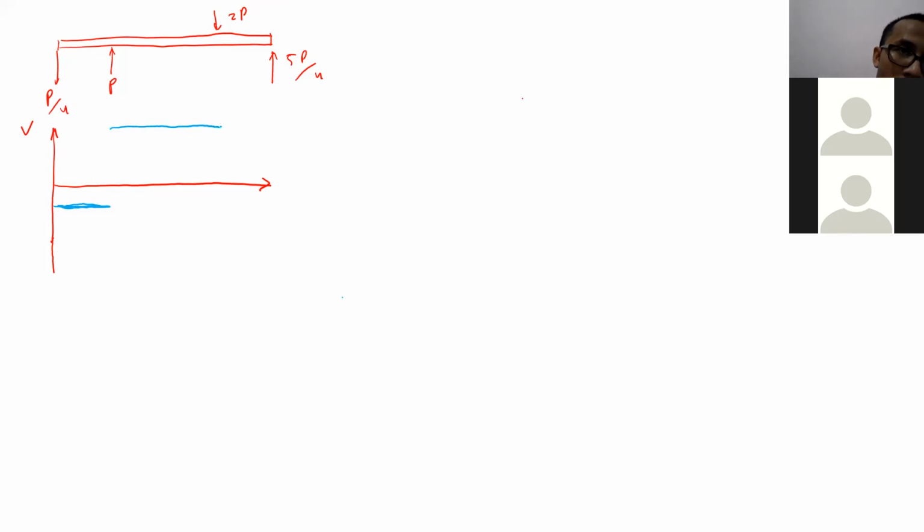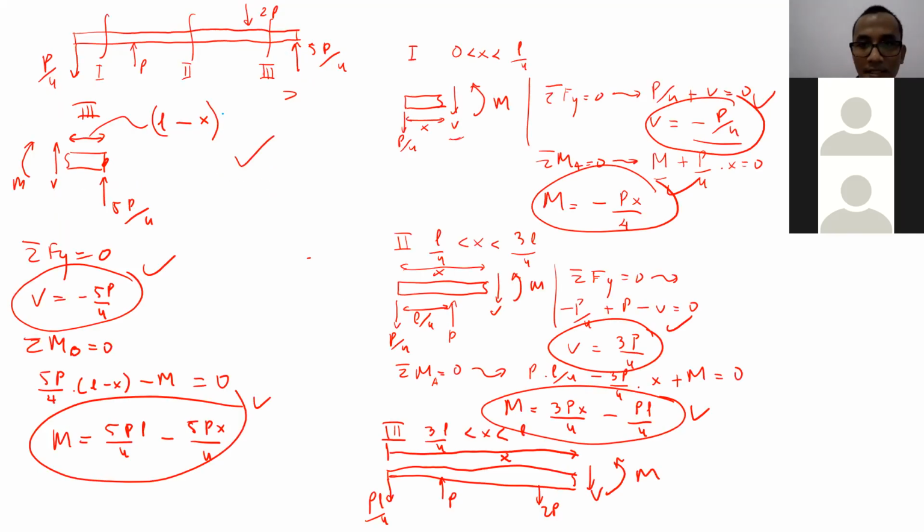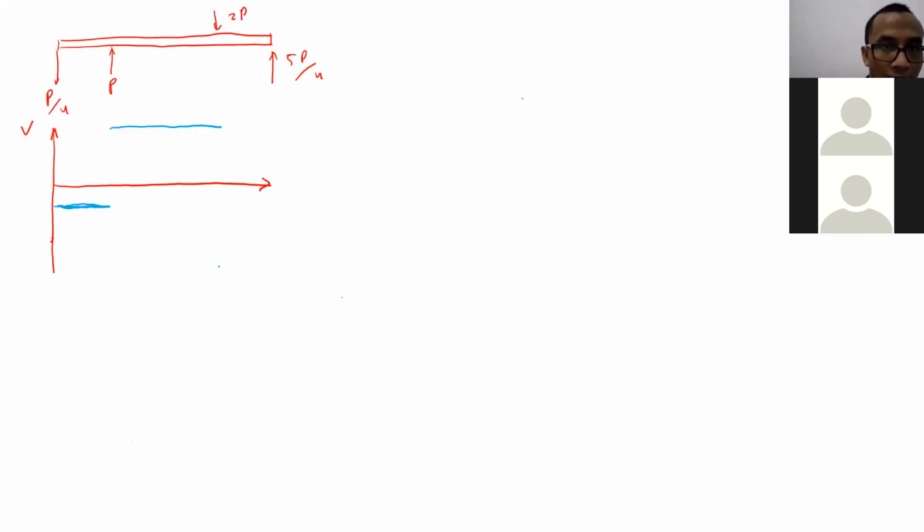And the last section is minus 5P over 4, roughly here. So this is your shear force diagram. This one is minus P over 4, this one is 3P over 4, and this one is minus 5P over 4. That's your shear force diagram.